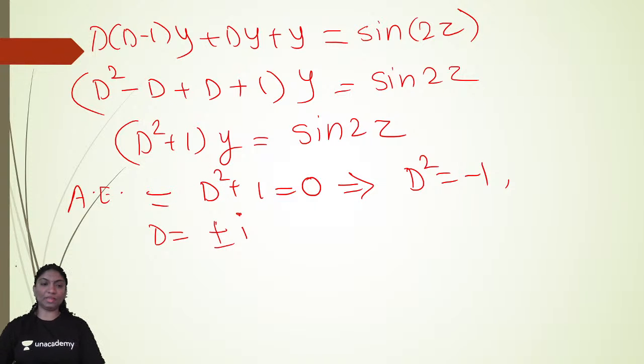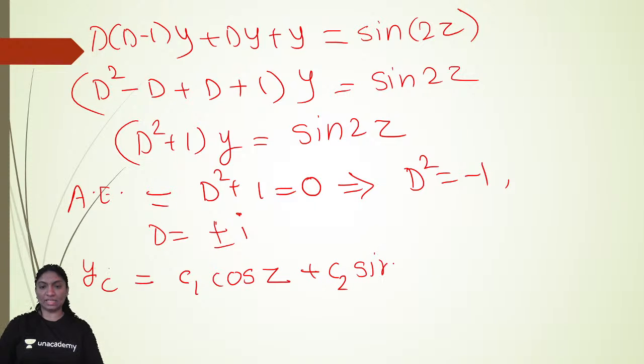So you can write yc is equal to e raised to alpha x into c1 cos beta x plus c2 sin beta x. Here beta is equal to 1 and alpha is equal to 0, so e raised to 0x is 1, no need to write it. Instead of x we write z: c1 cos z plus c2 sin z. This is yc.